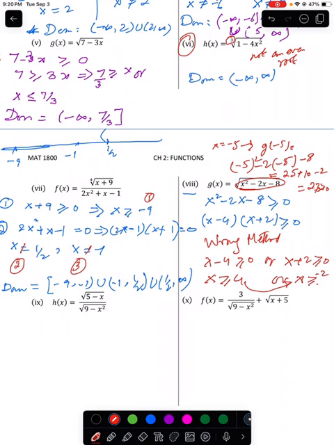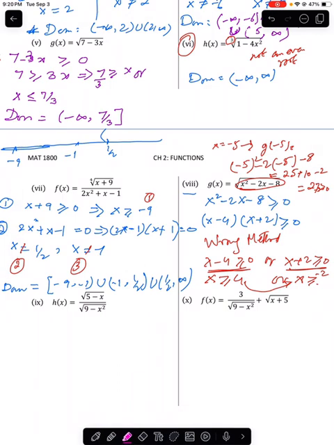So where is the mistake then? The mistake is when you write something like this, you are treating it as an equation. This is not an equation. So we do not solve the quadratic inequality like a quadratic equation.